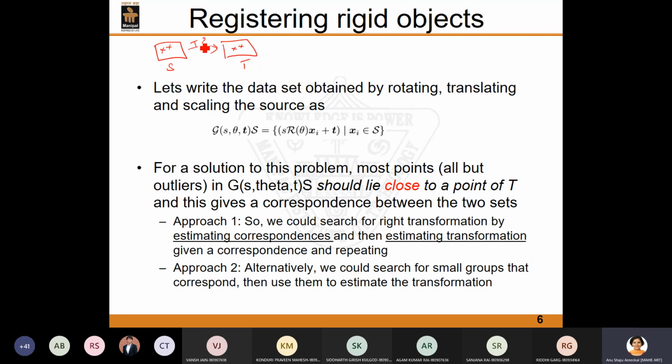When I say transformation, in this case, since it is a rigid transformation, what I'm assuming is a scaling factor s, the rotation theta, and the translation operation, t. So what is this combination of s, theta, and t which can give me an exact match, or the best match possible, between the source and the target?